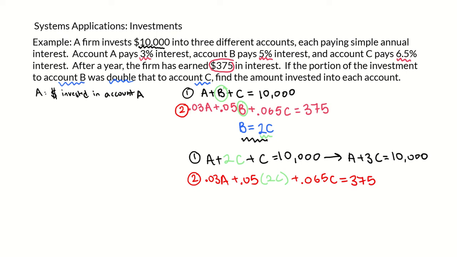And we can simplify this equation a little bit as well. We can combine like terms on the left with the C's to write this equation as 0.03A plus 0.1C plus 0.065C equals 375. And going one step further, that would be 0.03A plus 0.165C equals 375.